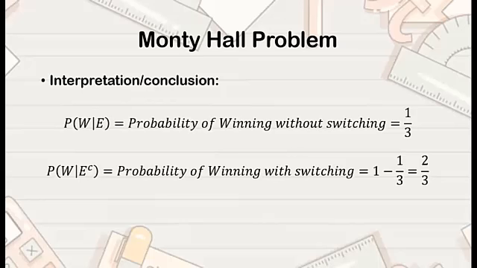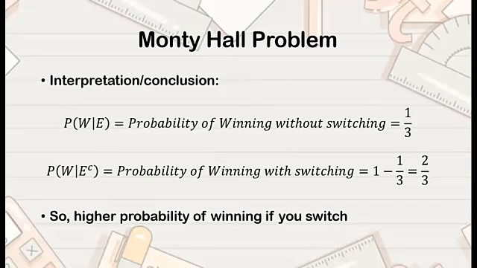So if you switch, the probability of winning is equal to 1 minus 1 over 3 equals 2 over 3. So from this example, we can see that if we switch, we have a higher probability of winning, about twice the chance of winning than we had if we don't switch.